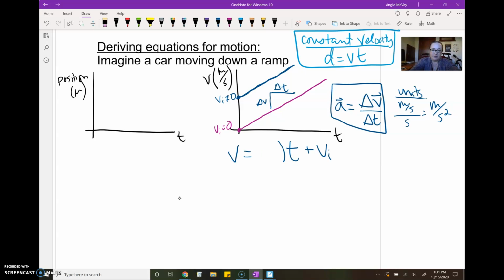Okay, so the slope is acceleration. Sometimes this is written as v equals at plus v initial. What we're solving for is how fast an object is going if it's accelerating at a constant rate for a set amount of time.